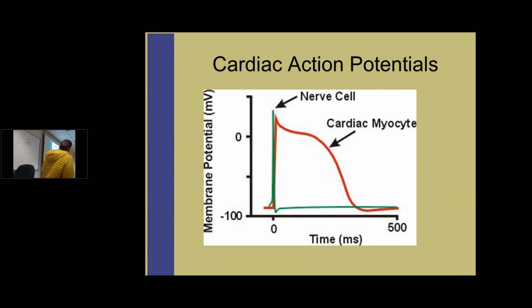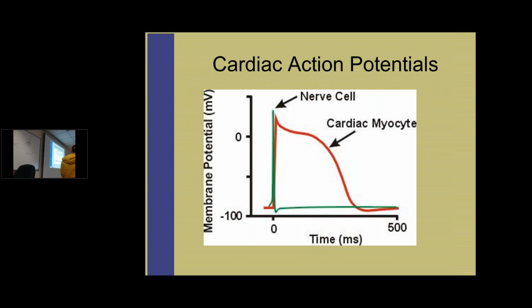So this is just a kind of graph of how it works. And the only reason why this is important is because it helps you understand the flow of calcium and how the muscle depolarizes and then relaxes. So this is the action potential, very, very fast, and it's gone even as fast as it happened.